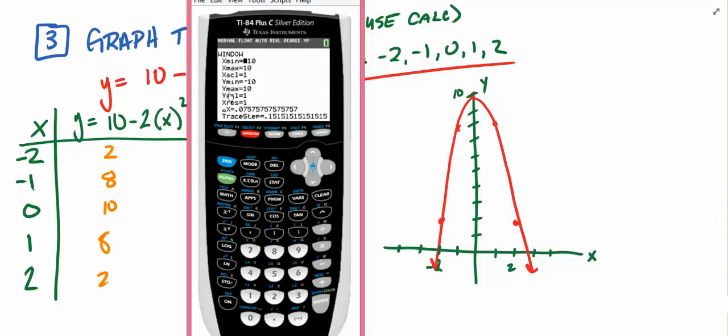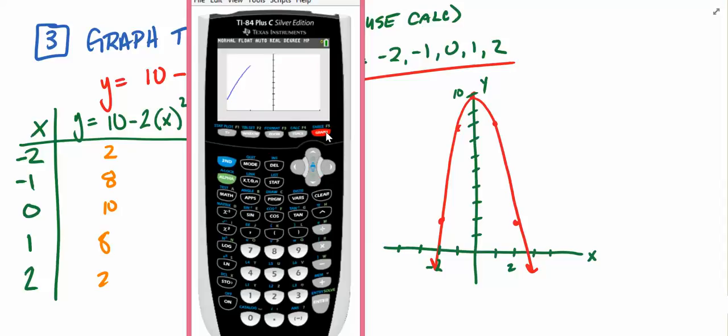So if I made this, let's say, negative 2, my lowest x value of negative 2, and my highest x value of positive 2, and my scale of 1s, then I'm only going to see on the x-axis from negative 2 to 2. Likewise for the y's. My lowest y value, if I make it 0, and my highest y value, if I make it 10 like it is on my picture, and then I hit graph, I would see a much different picture than everybody else, okay?